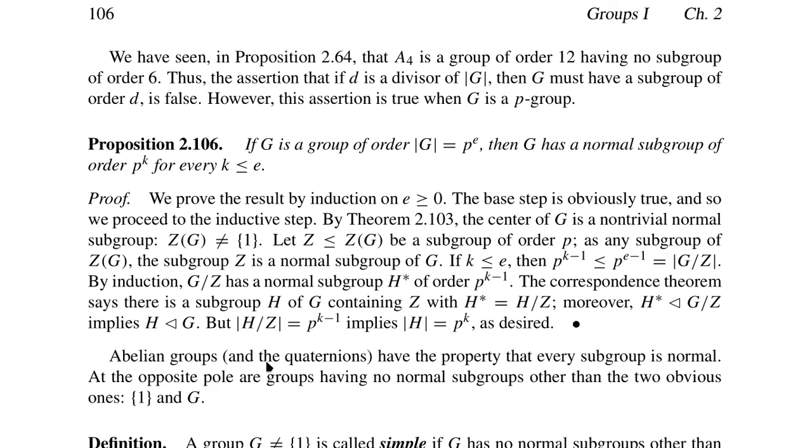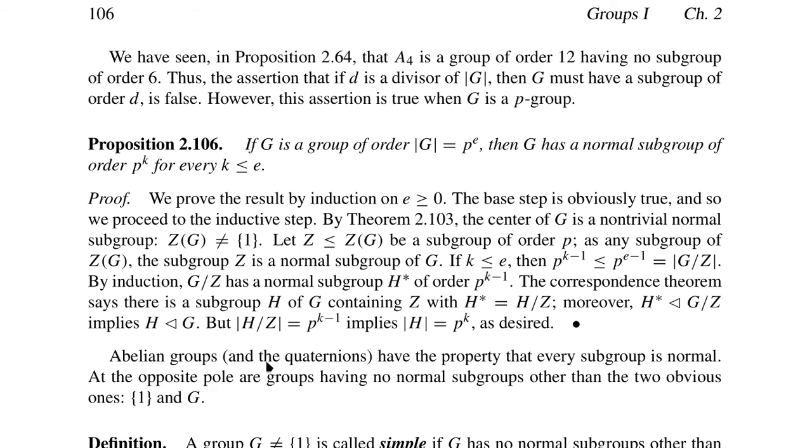P to the K minus 1 is less than or equal to P to the E minus 1. That makes sense. But how is it equal to the order of the quotient group? Right.